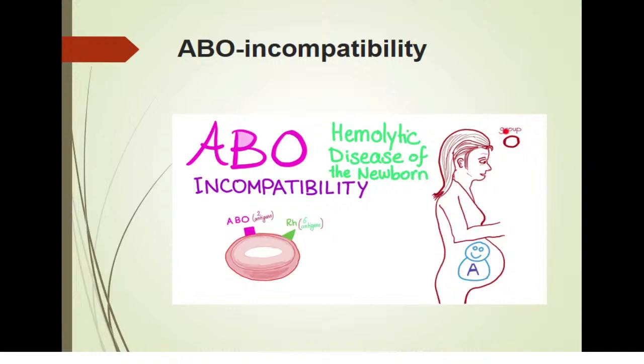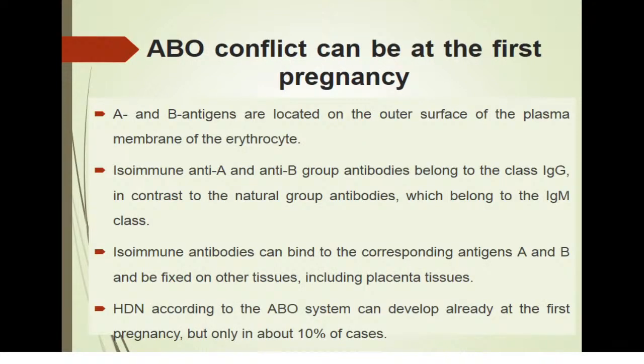Hemolytic disease of the newborn caused by blood group A and B incompatibility. ABO incompatibility is the most common cause of hemolytic disease of the newborn. A and B antigens are located on the outer surface of the plasma membrane of the erythrocyte.